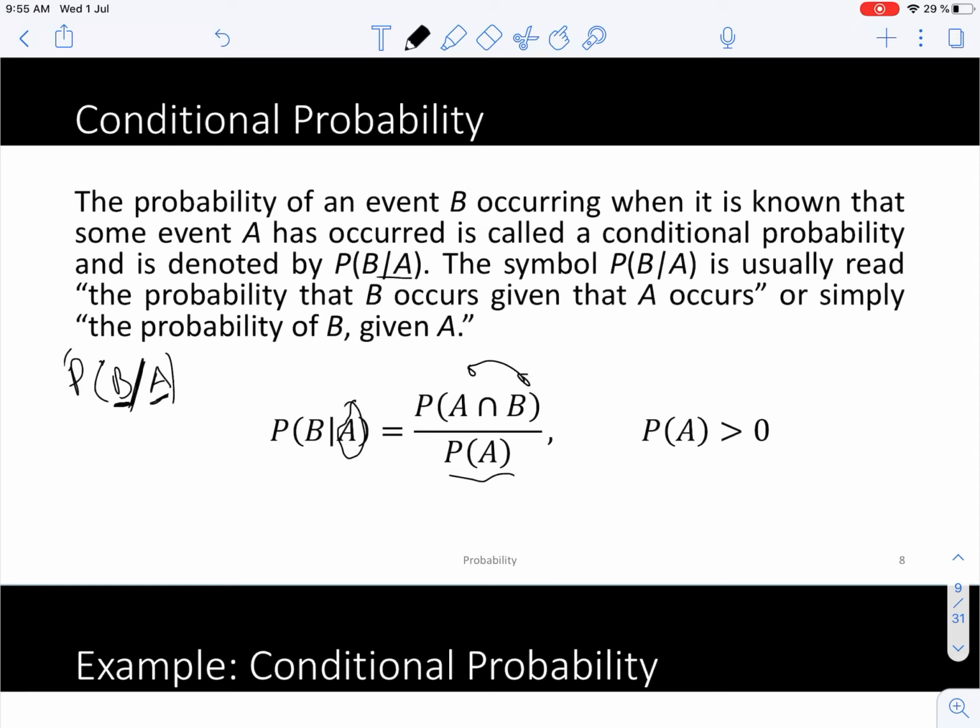In the conditional, the order is important, it matters. So you will always divide over the probability of the event that has already occurred, the one that is given, the one that is located here. Okay, so let's check some examples to practice this conditional probability.